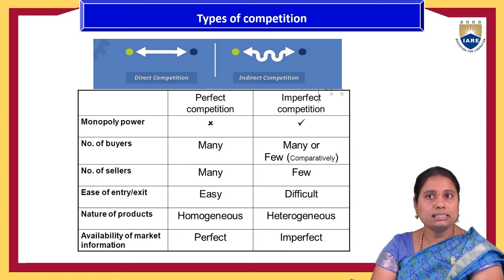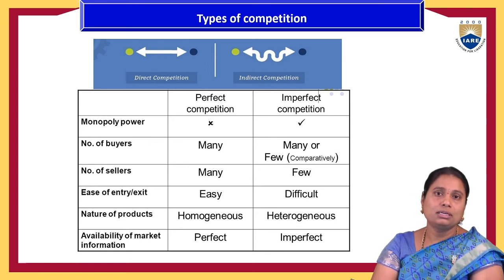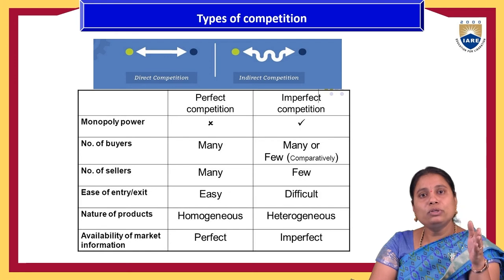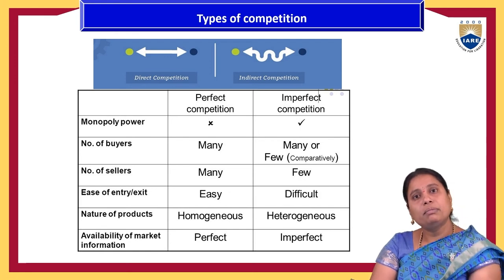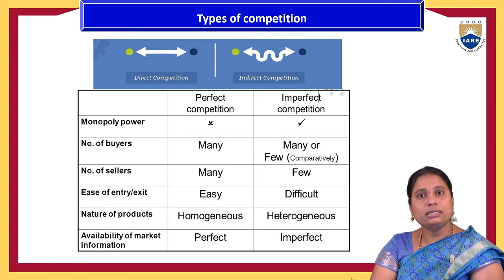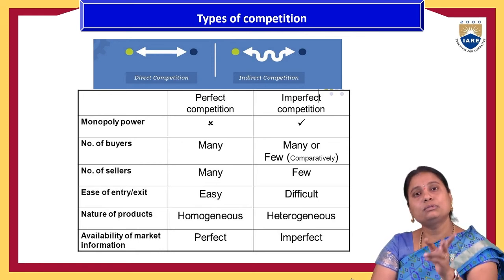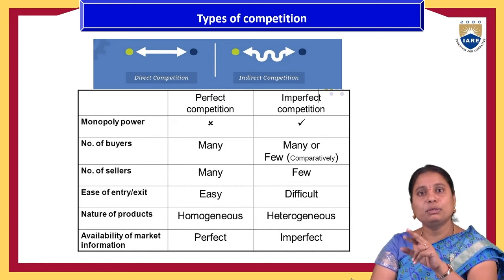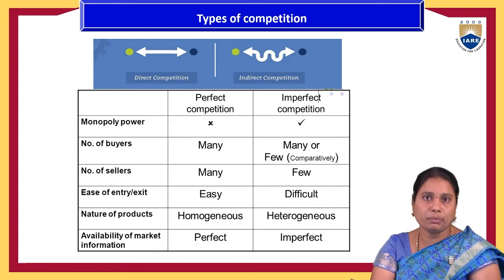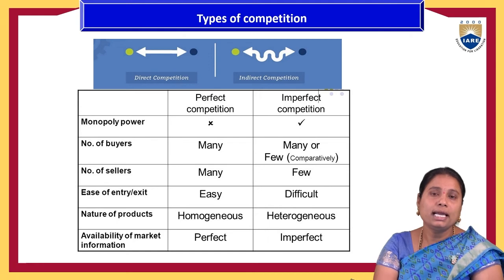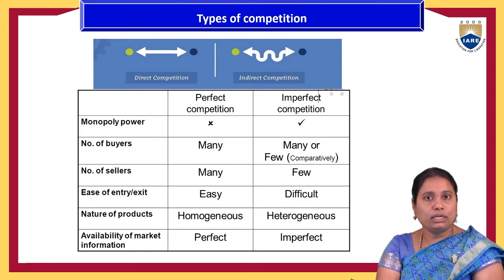That is called direct competition. If one producer is selling one product and another seller is selling another product, and the customers' satisfaction level is met by both the products, then that is called indirect competition.